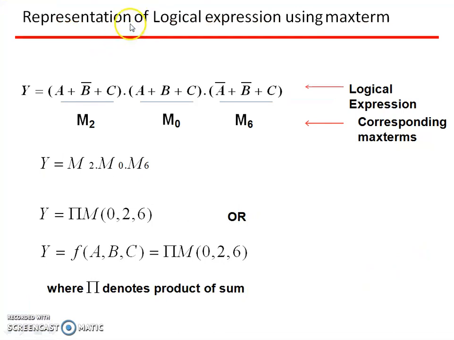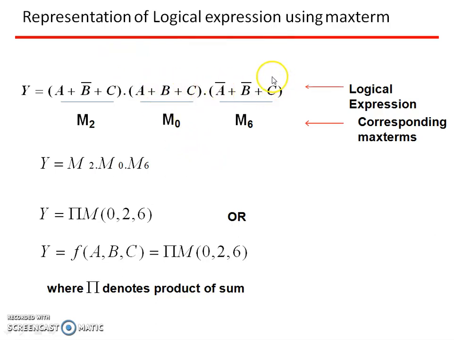Now representation of a logical expression using the max term. Here we have to observe the table: a plus b bar plus c. Here the value is 0 1 0, that means 2. Here the value of a b c is 0 because we consider a bar as 1 and a plain digit as 0.